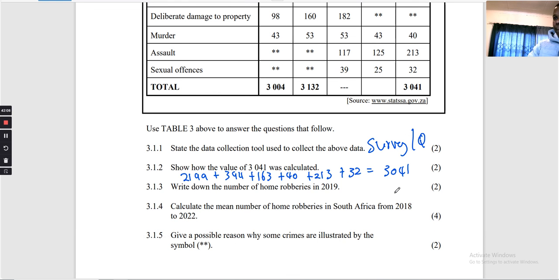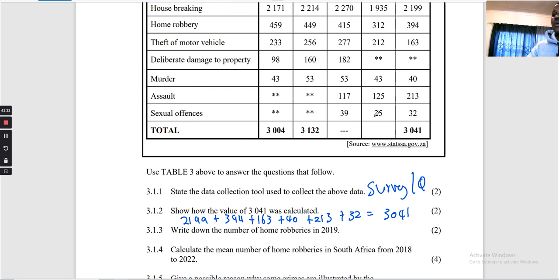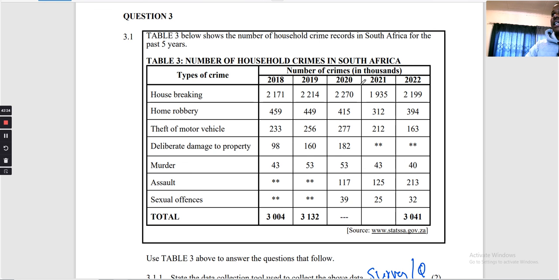Okay, then they say write down the number of home robberies in 2019. How many home robberies in 2019? We have 449. And they say in thousand. On top there, they say in thousand. So if it is in thousand, you write 1000 here.